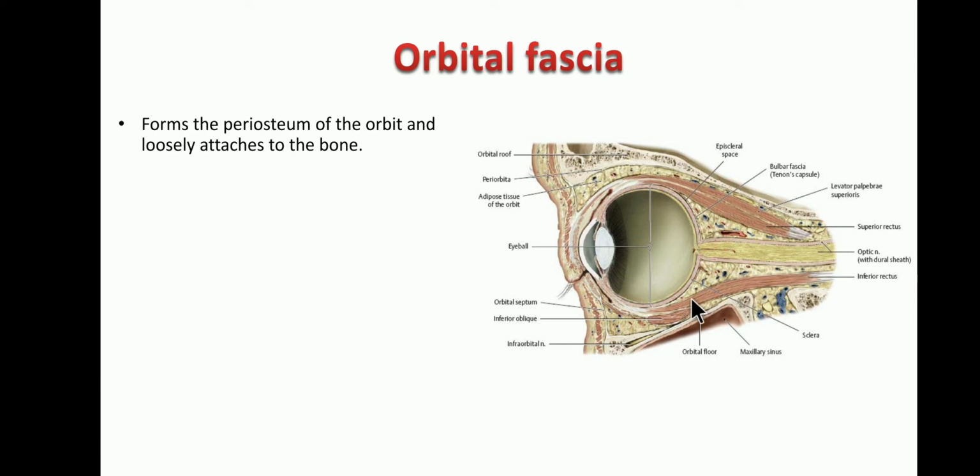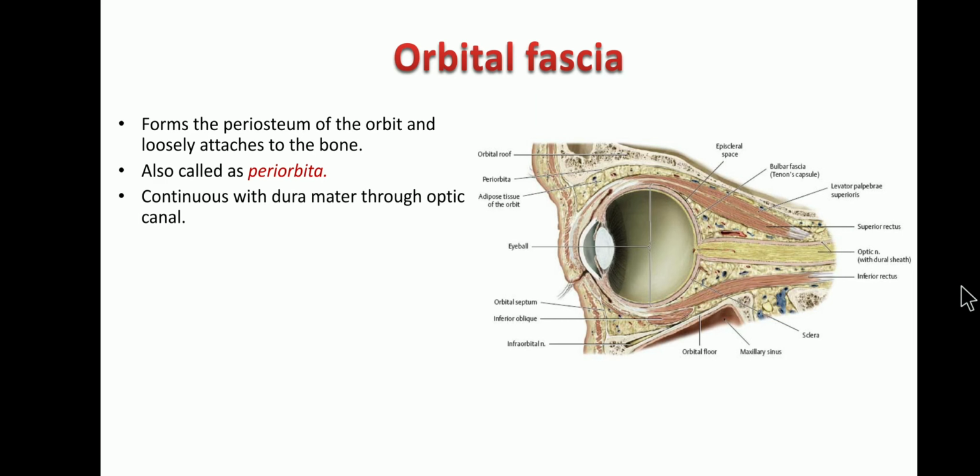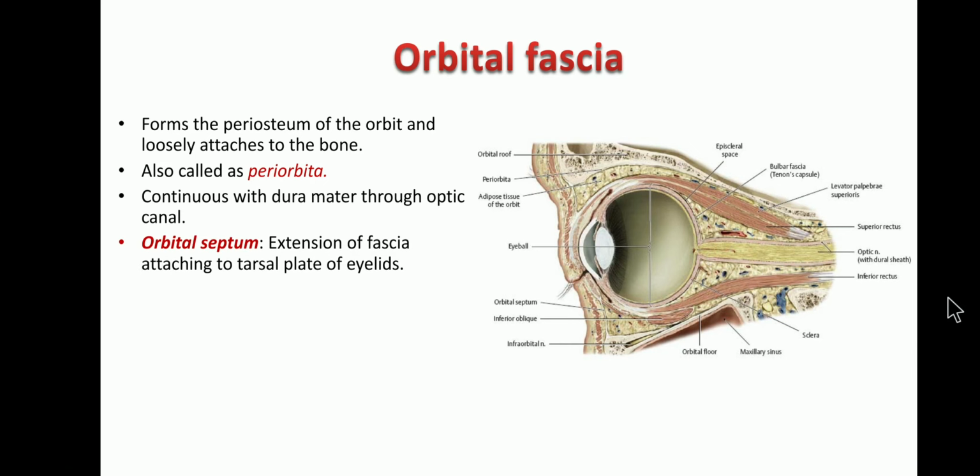It is not very tightly adhered to the bone, and it sends extensions into the upper and lower eyelid tarsal plates as the orbital septum. Posteriorly it is continuous with the dura mater of the optic nerve.